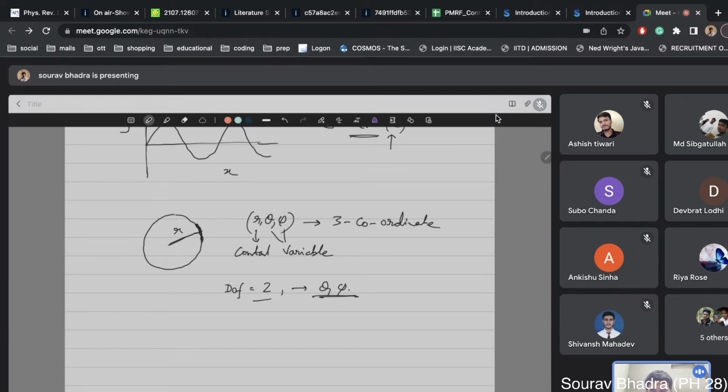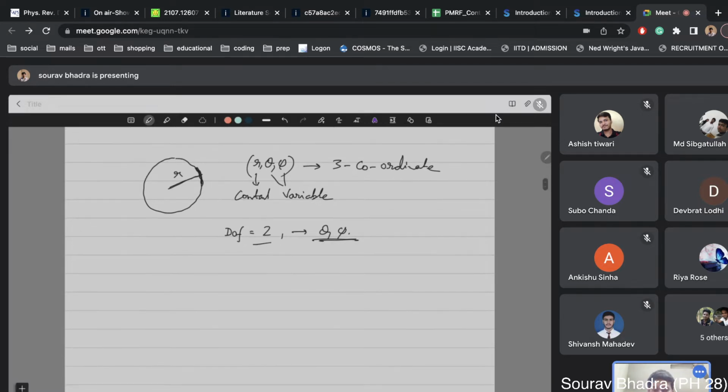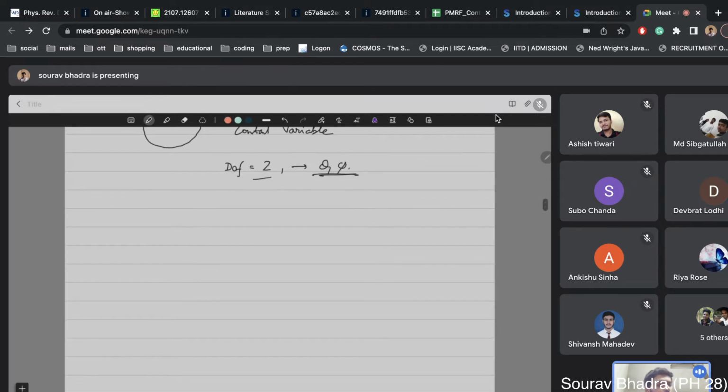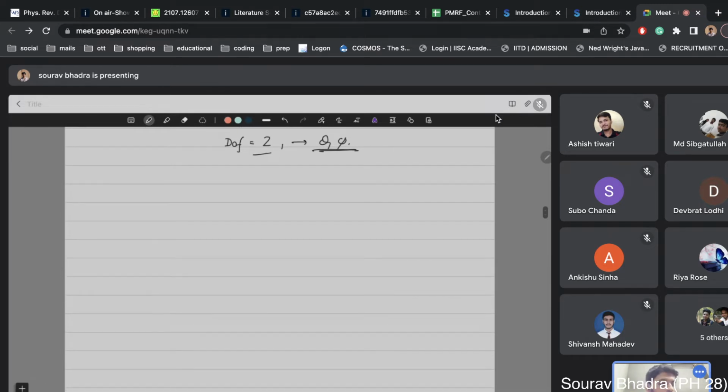Meanwhile, if you have any question you can ask, no problem. Now the third question was that we need to calculate the normal of a given surface. I will do some mathematics here. Suppose this is the surface and this is a point A, and suppose the coordinate of A is x, y, z.